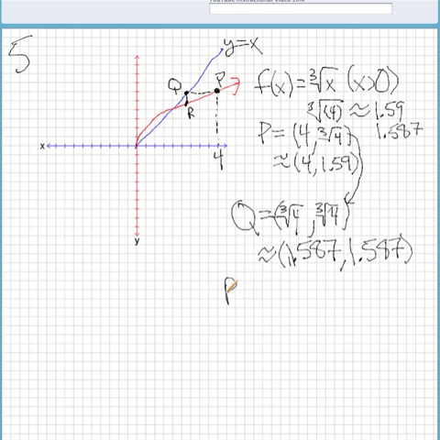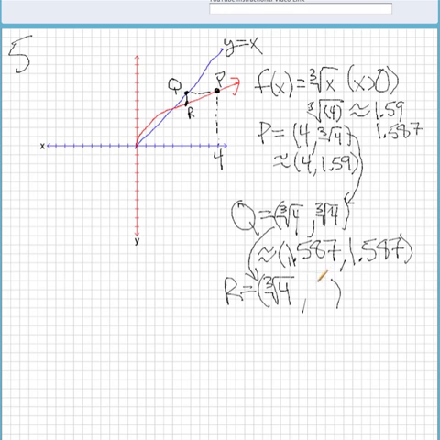Now R, we're going to use Q to find R. R is right below Q. So since it's right below, we're going to take the same x coordinate from down here and plug it into our x coordinate, the first spot in the coordinates.